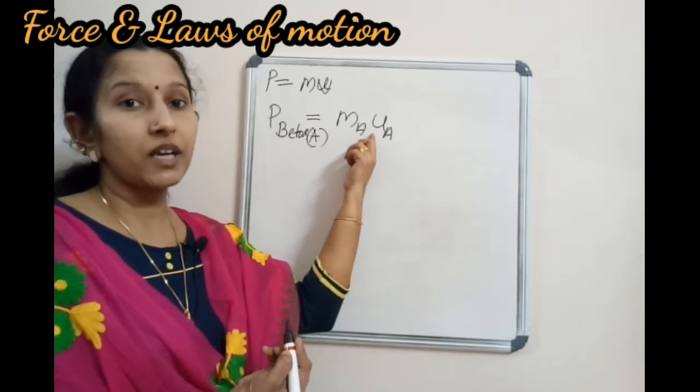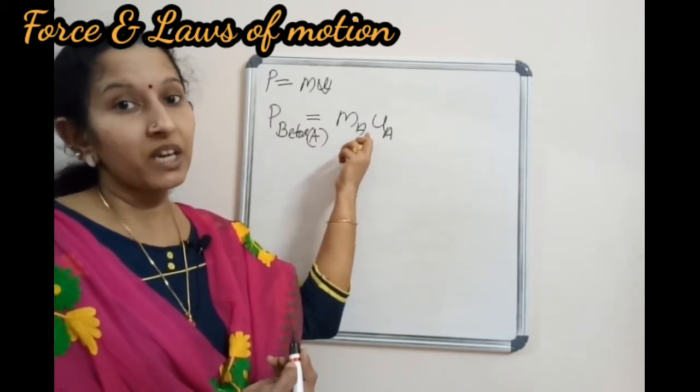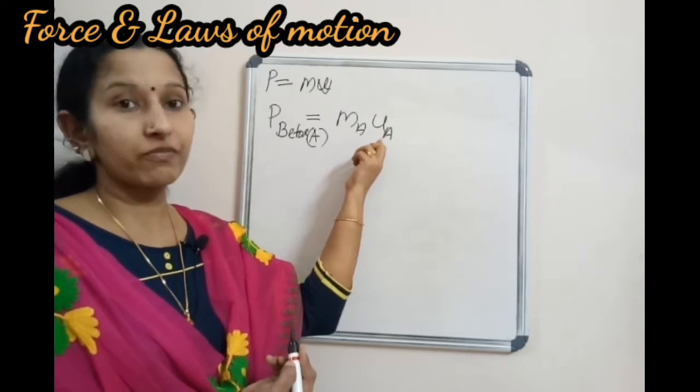The initial velocity, UA, the initial velocity of ball A.